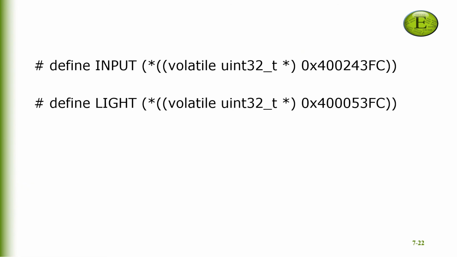Now, before we proceed, we need to define a few more constants, input and light. And recall that input is available at port E, and the output, light signal, needs to be sent to port B. Here we are trying to define input synonymously with the port E data register.